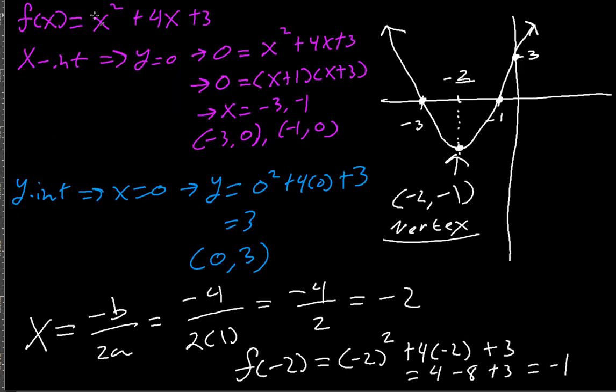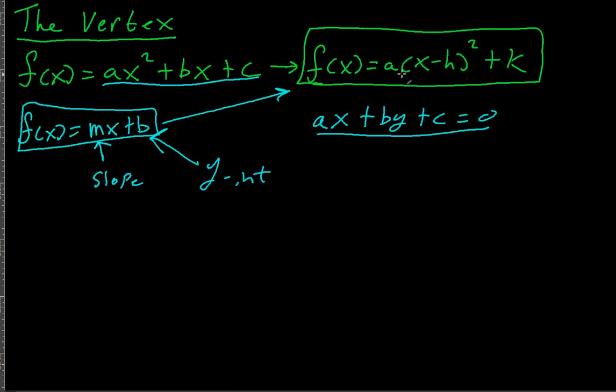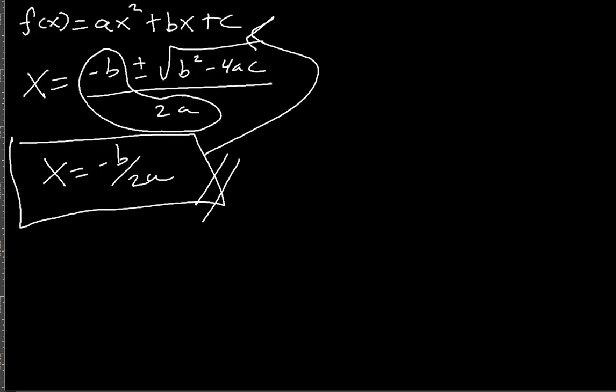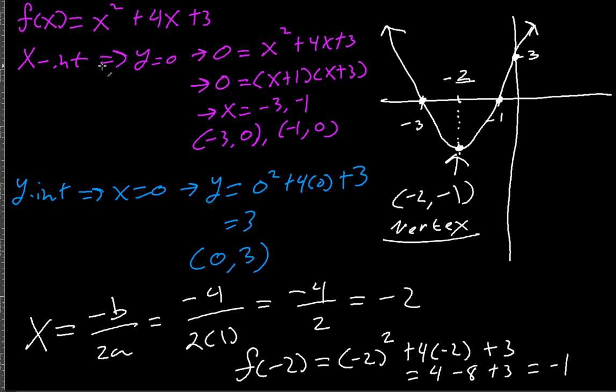However, if I give you something that's already in the form of this new formula here, you can immediately see what's going on. And so as it turns out, let me go to this screen again.